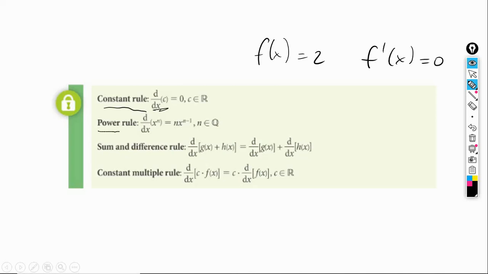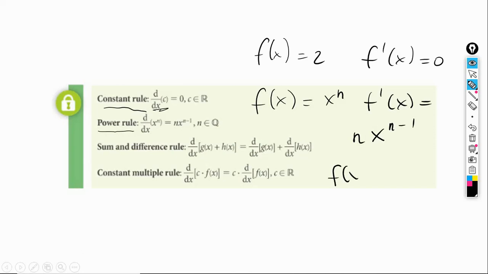The next one is the power rule, and this one says that if you have a function that is f of x equals x to the n, then the derivative of that would simply equal n times x to the power of n minus 1. Maybe it would be clearer if we have an example.